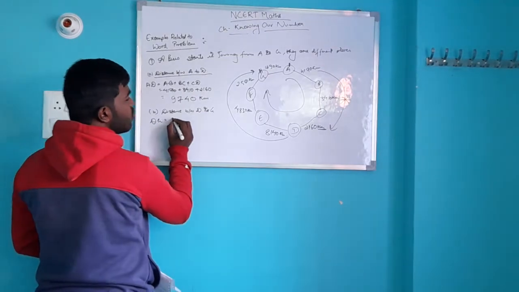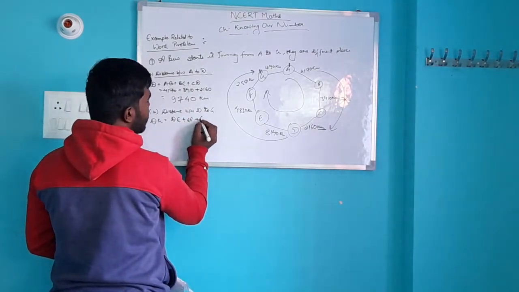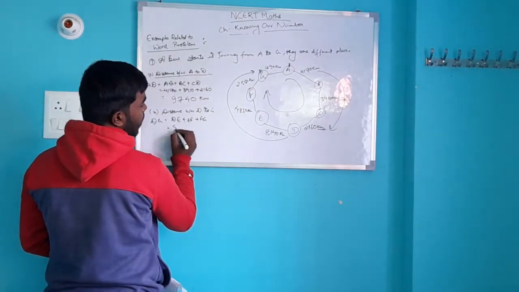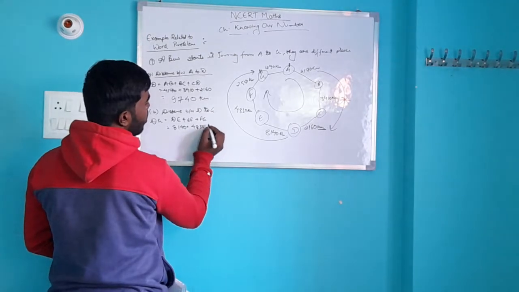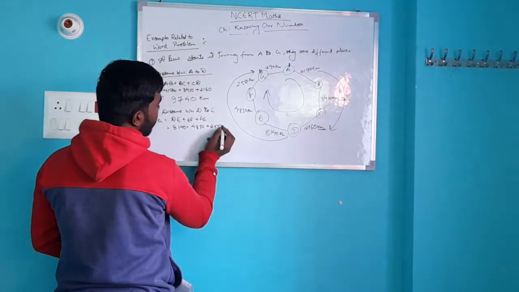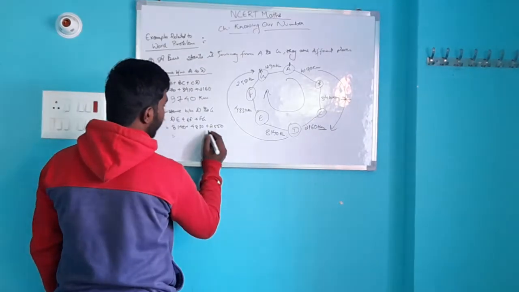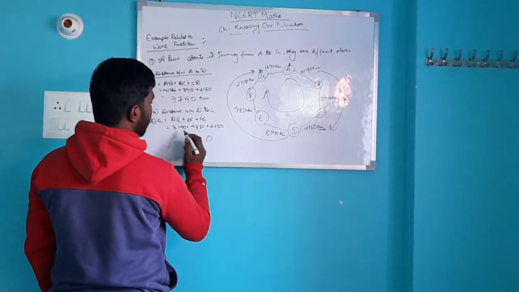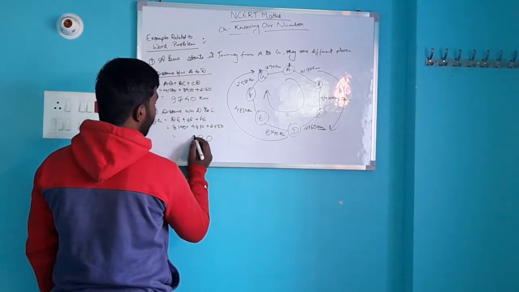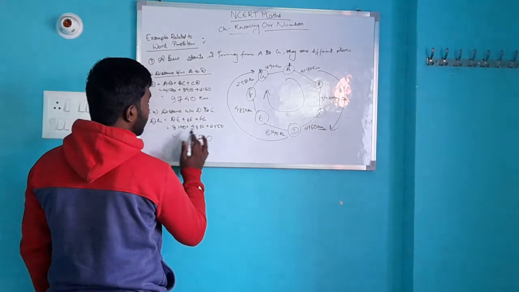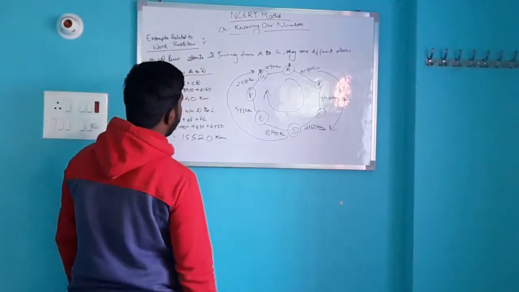So DG equals DE plus EF plus FG, which is 8410 plus 4830 plus 2550 kilometers. Adding these, it covers 15,520 kilometers.